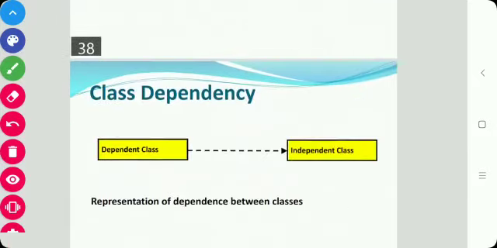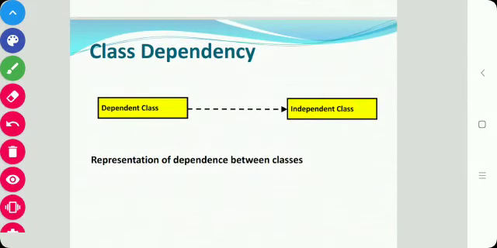Next is class dependency. Class dependency is a form of association between classes. A dependency relationship between classes shows that a change in the independent class requires a change to be made to the dependent class. For example, a dependent class and an independent class, and it is represented by a dotted line.